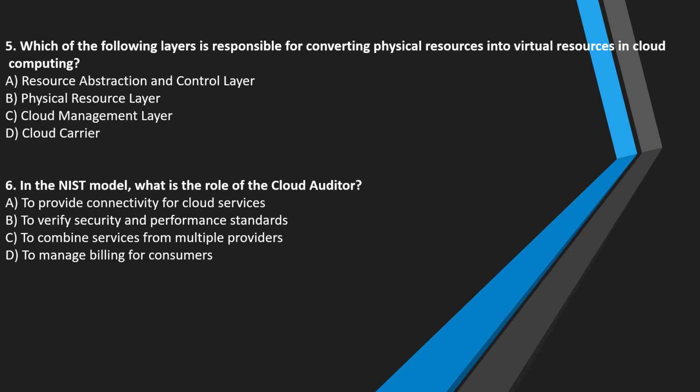Which of the following layers is responsible for converting physical resources into virtual resources? The resource abstraction and control layer is responsible for this.